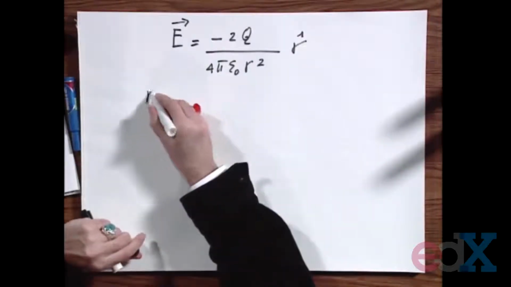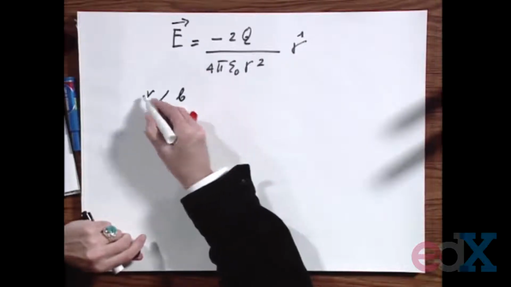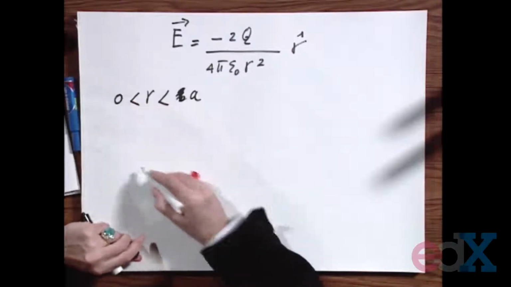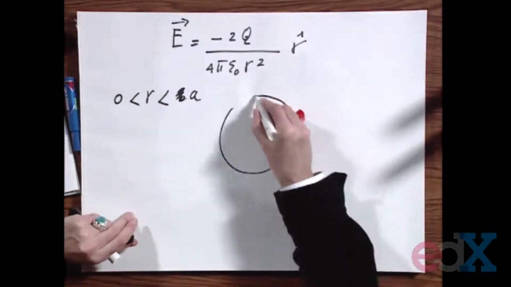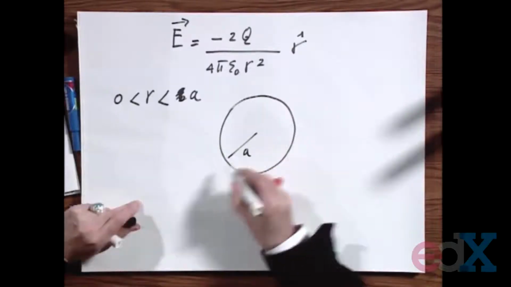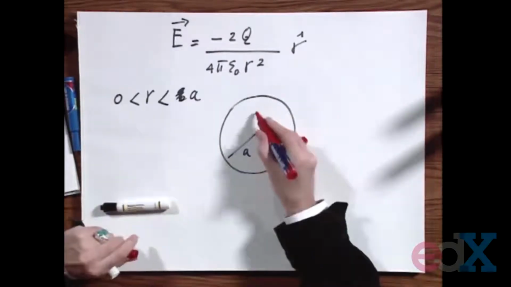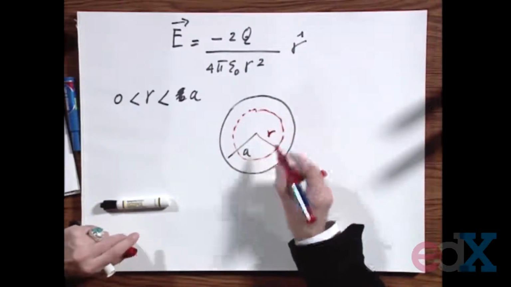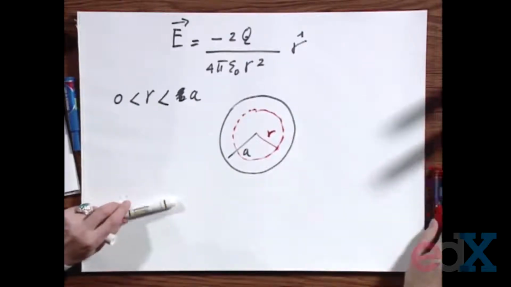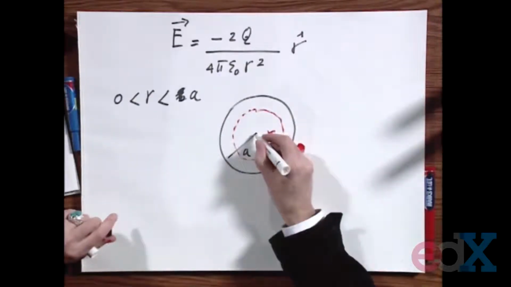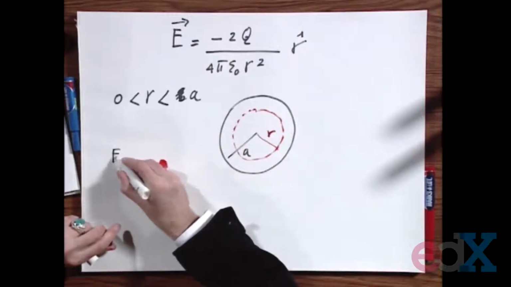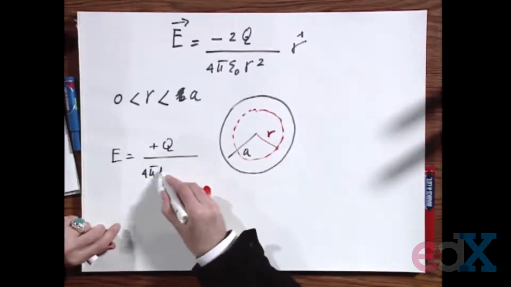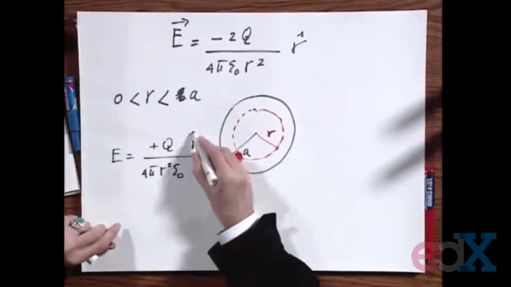If now you want to know what the electric field is inside the inner cavity, then again, here is that radius A, you again apply a spherical surface with radius little r, and you yourself can now very easily convince yourself that inside this cavity the electric field will now be plus Q divided by 4 pi r squared epsilon 0 r roof.